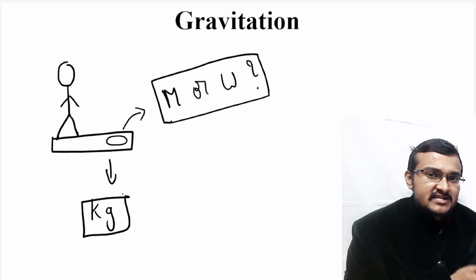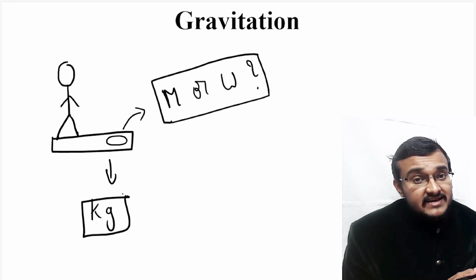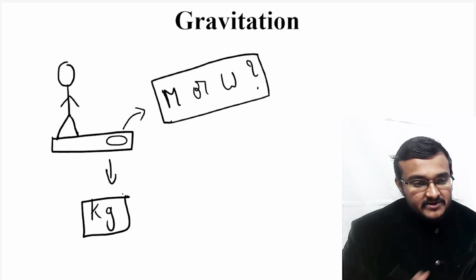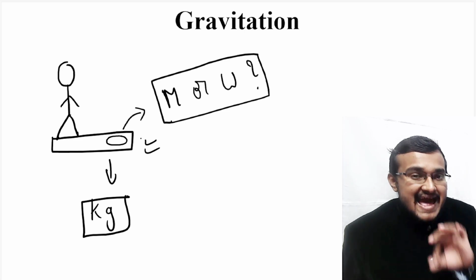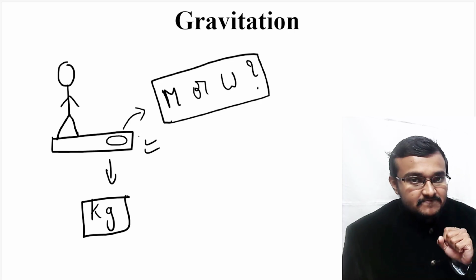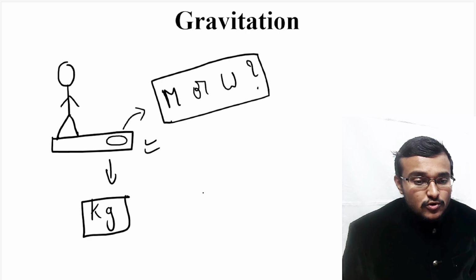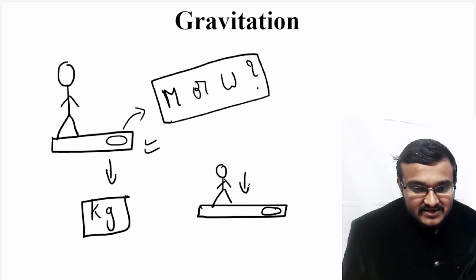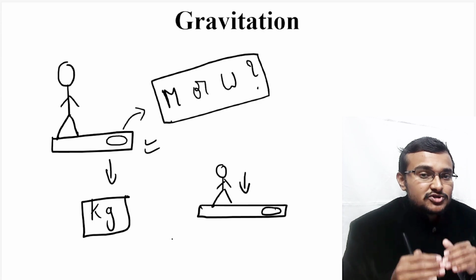Weight is measured in Newton, but here your weighing balance is measuring in kg. So how is this possible? Always remember, this weighing balance calibrates your mass based on your weight. When you stand on this weighing balance, you are applying a certain amount of force on it, and that force you are getting because of gravitational force.